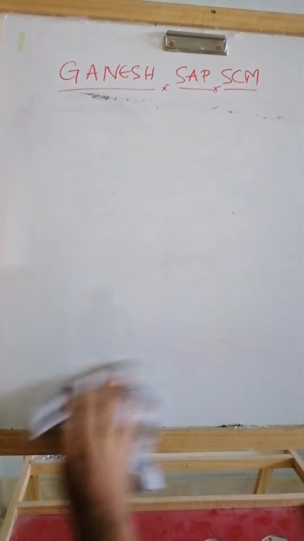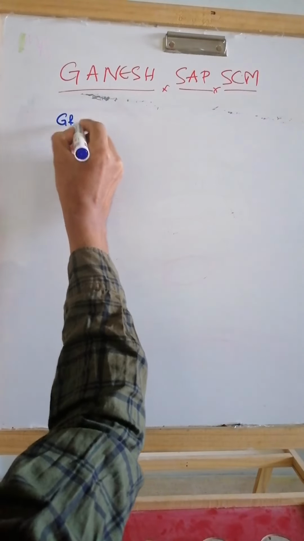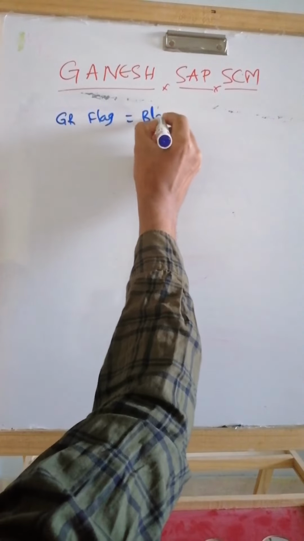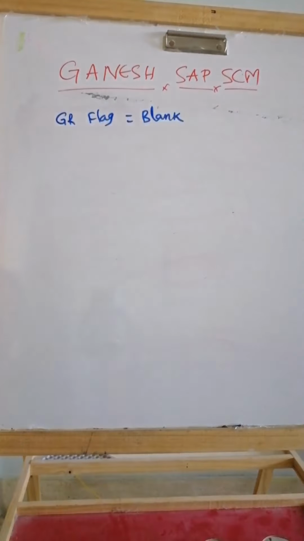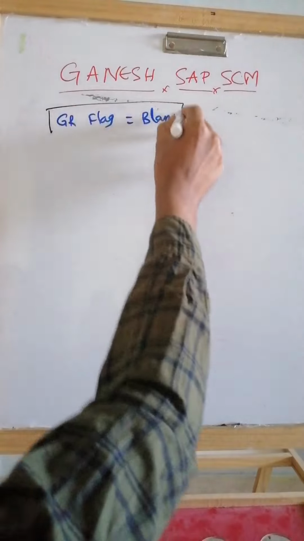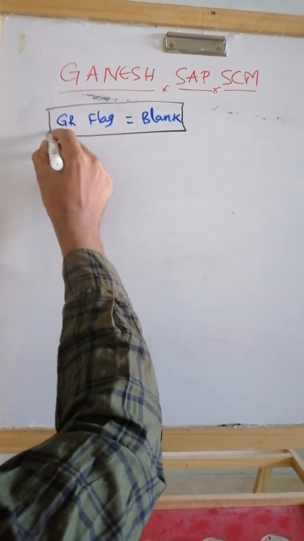Okay, so now we are going to see the GR based, GR flag equal to blank. So by controlling the account assignment category, what you have done, you decided that we don't want GR, directly want to do the two-way matching.